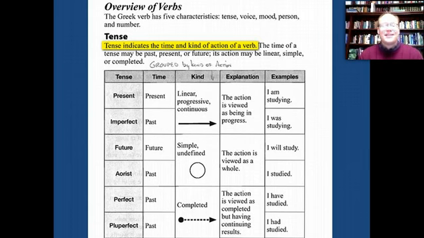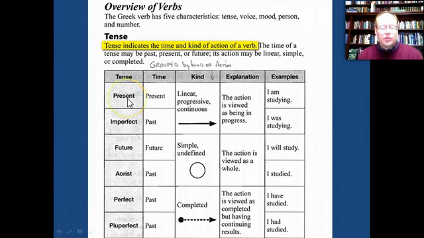But it also indicates the kind of action involved. I introduced this concept to you last semester, but here's a chart that describes this. There are 6 tenses in Greek, and they are listed here on the left-hand side in this chart.